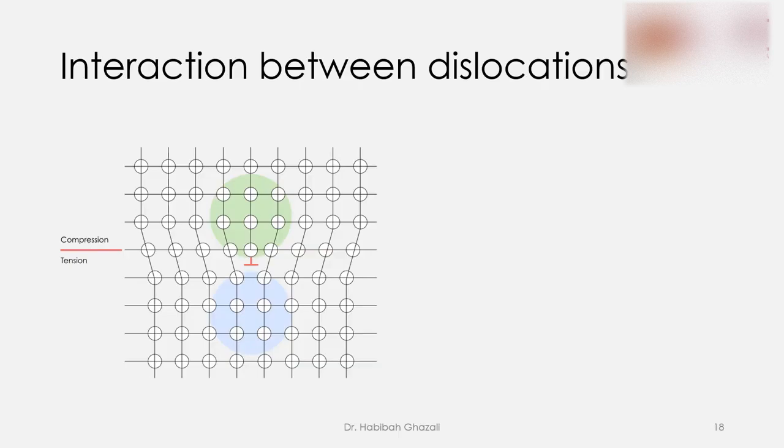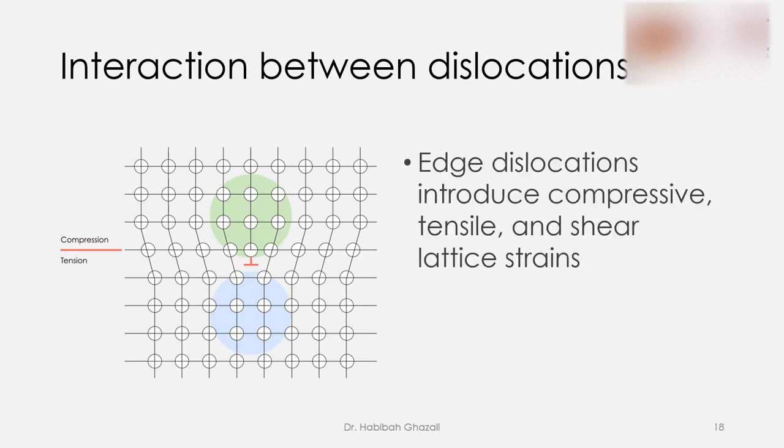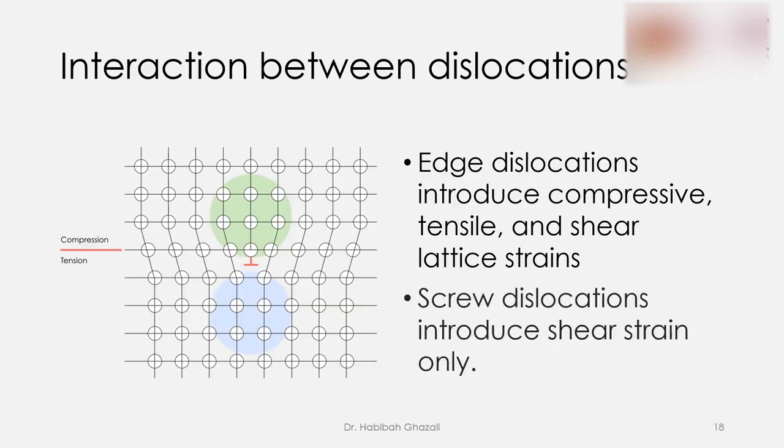And you can see some of these lattices also experience shear strain. So the introduction of this extra half plane will introduce compressive, tensile, and shear strain to this crystal structure. And for a screw dislocation, only shear strain will be introduced.